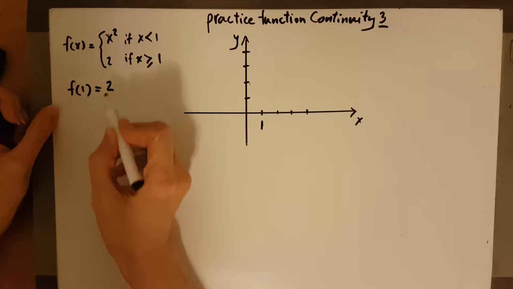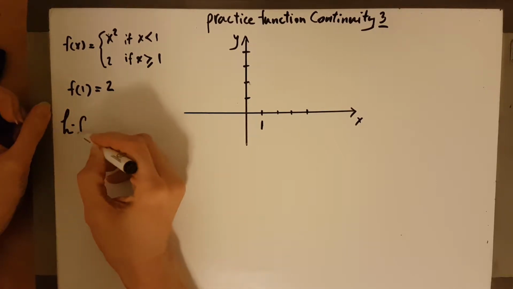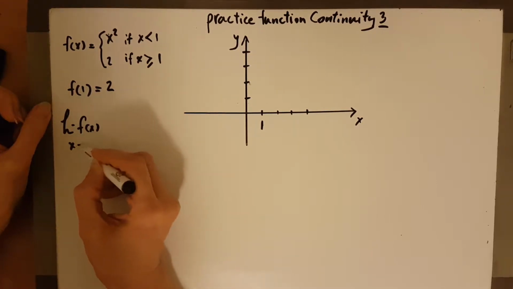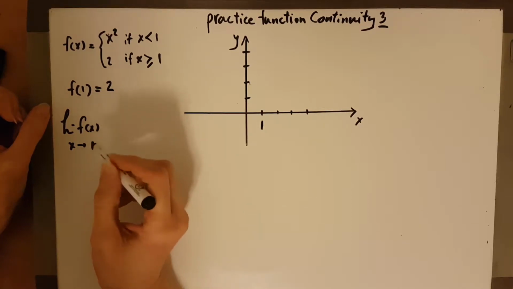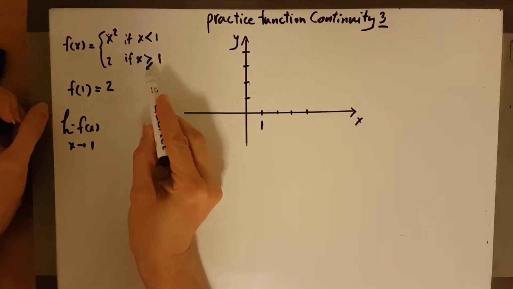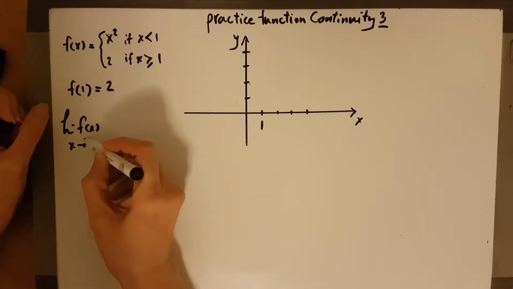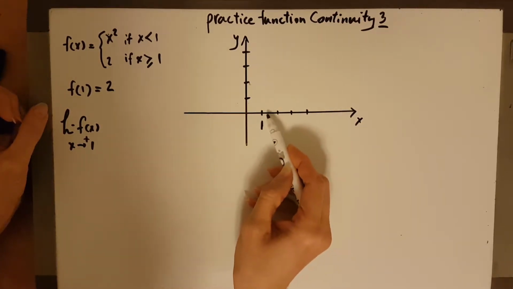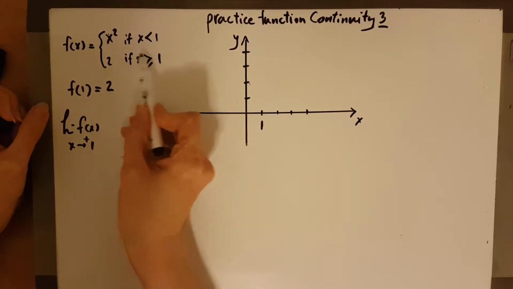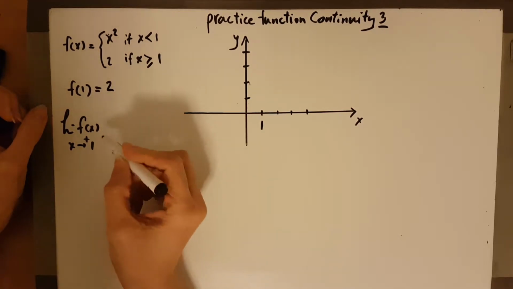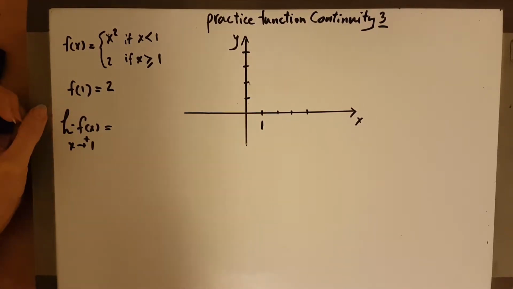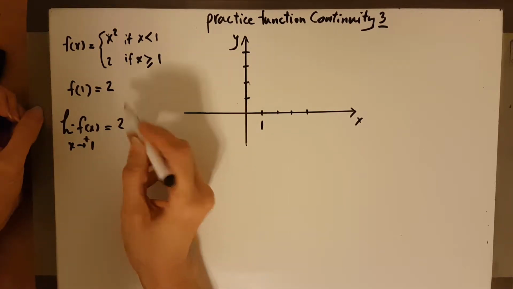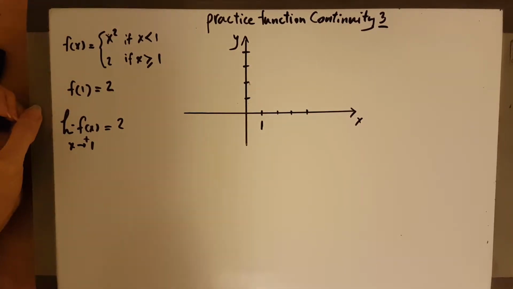This would be 2. And the limit of f(x) as x goes to 1 from the x's bigger than 1. If I go to this side, I'm dealing with this part, which will obviously be 2, because this is the value of the function in this part.